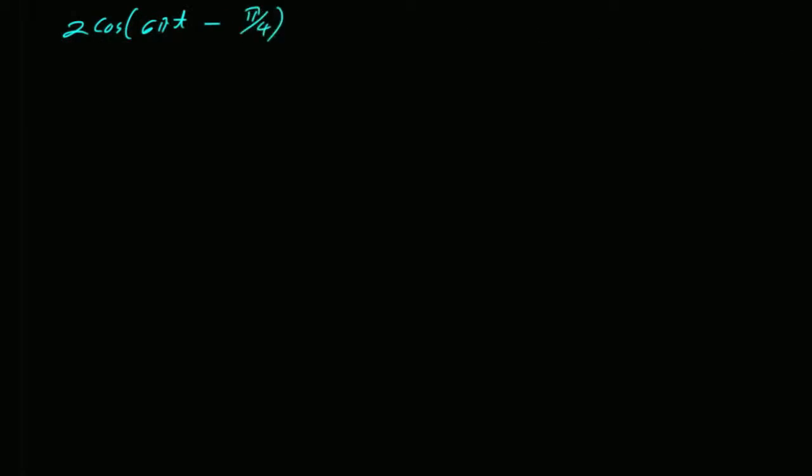So it's pi over 4 to the right. But it's hard to look at pi over 4 and know what that means, right? Because it's not in units of seconds. We got to convert it into something that's a little bit more meaningful.